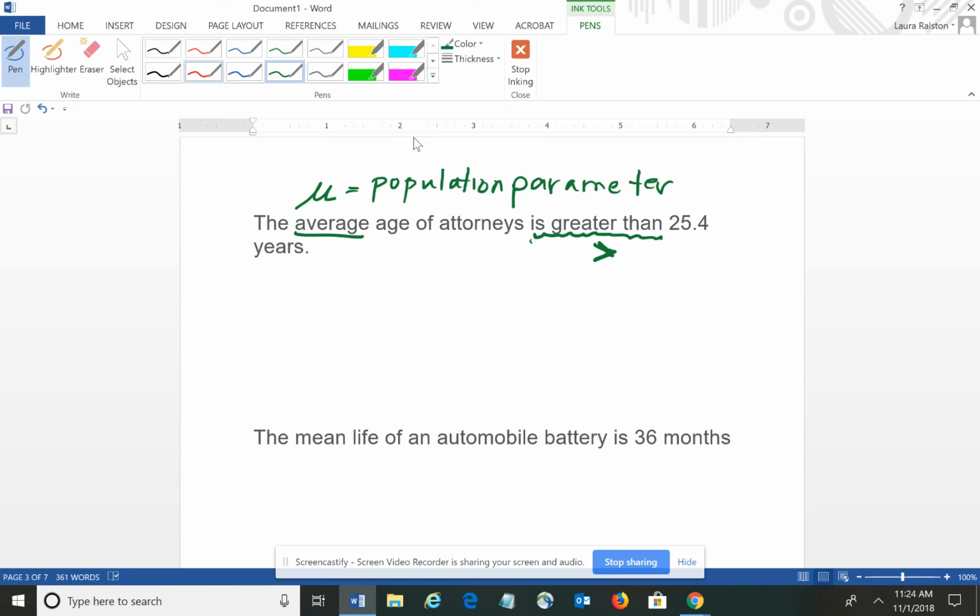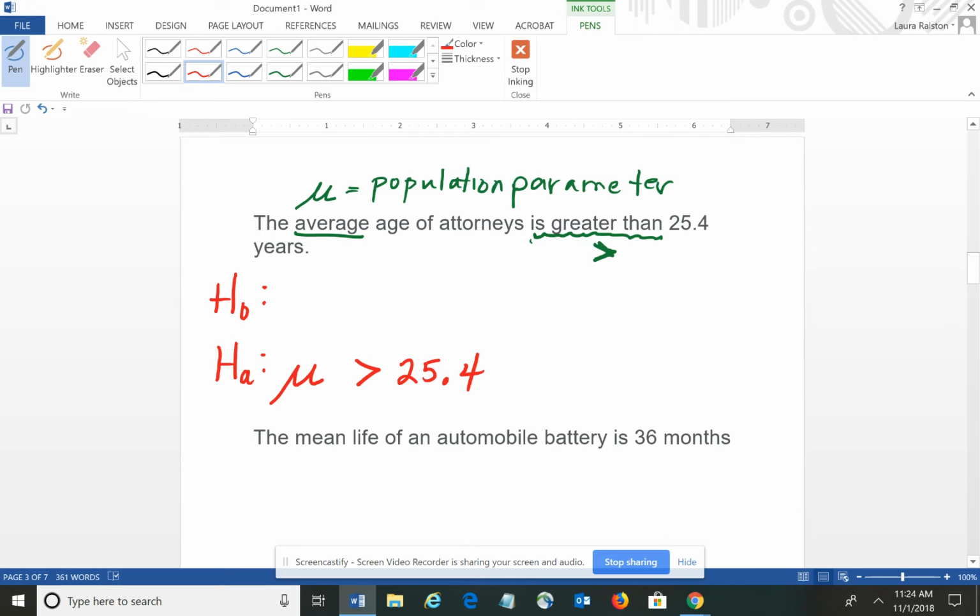Using that information, we can write the null hypothesis and the alternative hypothesis. You have to decide, however, whether it's the null or the alternative. Because it's greater than, which does not imply equal, it's going to be the alternative. So the mean is greater than 25.4.